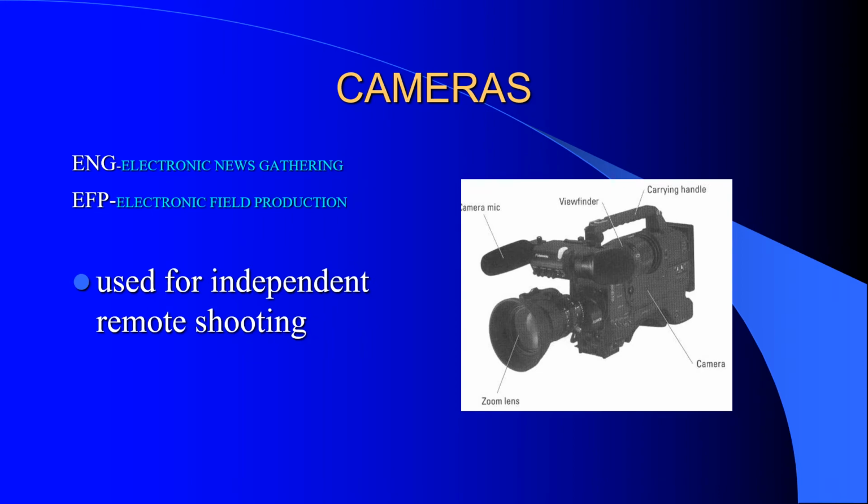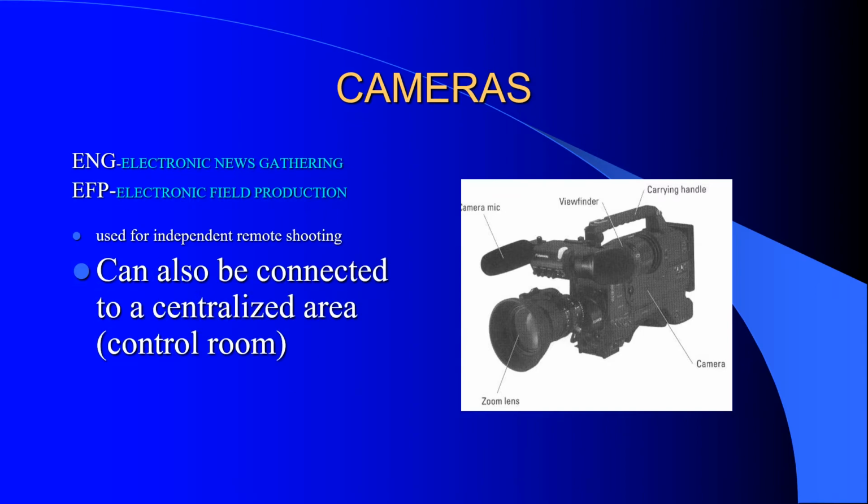ENG and EFP cameras are designed to be portable. They're designed to be used for remote shooting. So like I say, for news, they go out into the community and shoot video related to news stories, or go to merchants' shops and shoot video for commercial production. That doesn't mean that they can't be used in television studios.